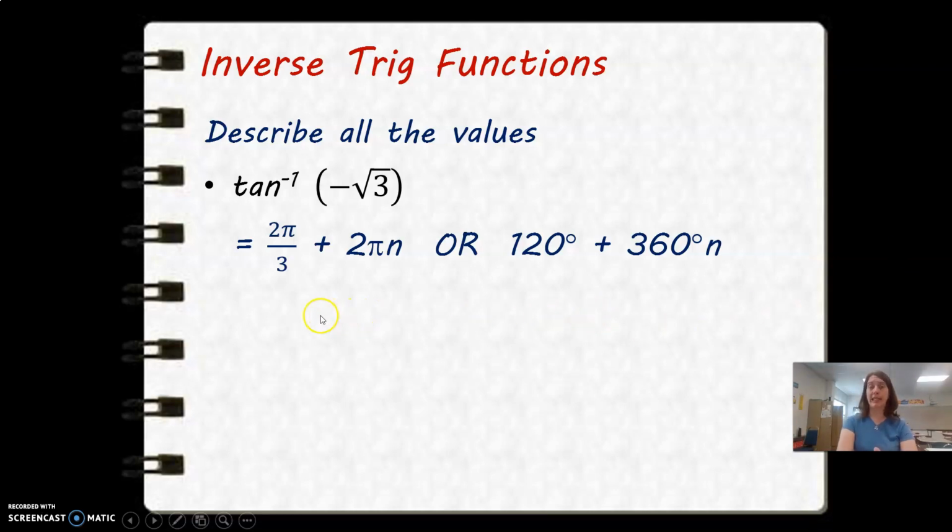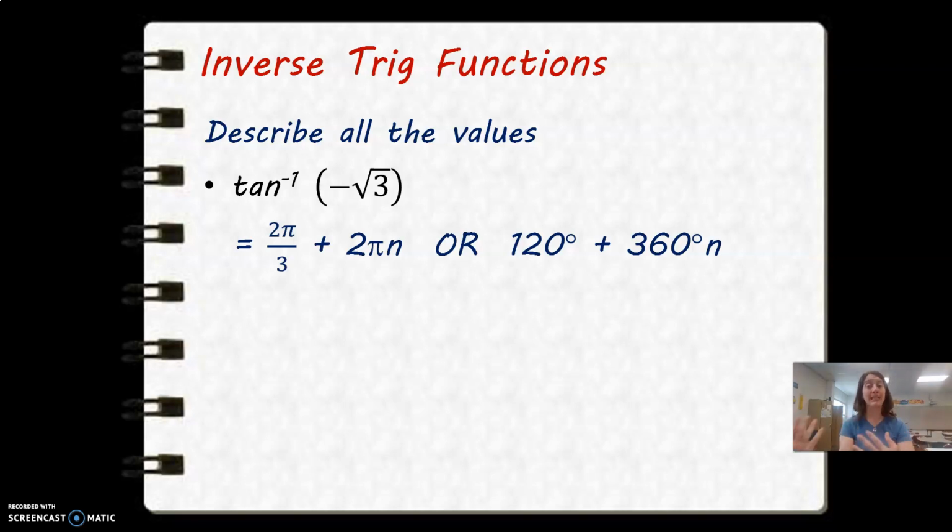If I look at my first answer that I gave in radians, 2 pi over 3, that was the radian measurement for 120 degrees. Notice at the end of this part of my answer, it says plus 2 pi n. If you look at your circle, notice over there where it says 180, it says pi.